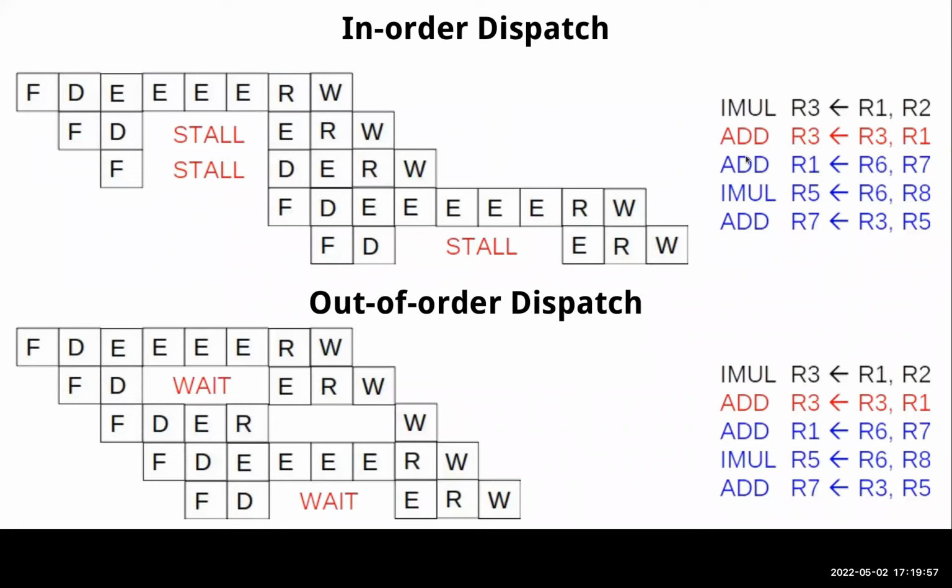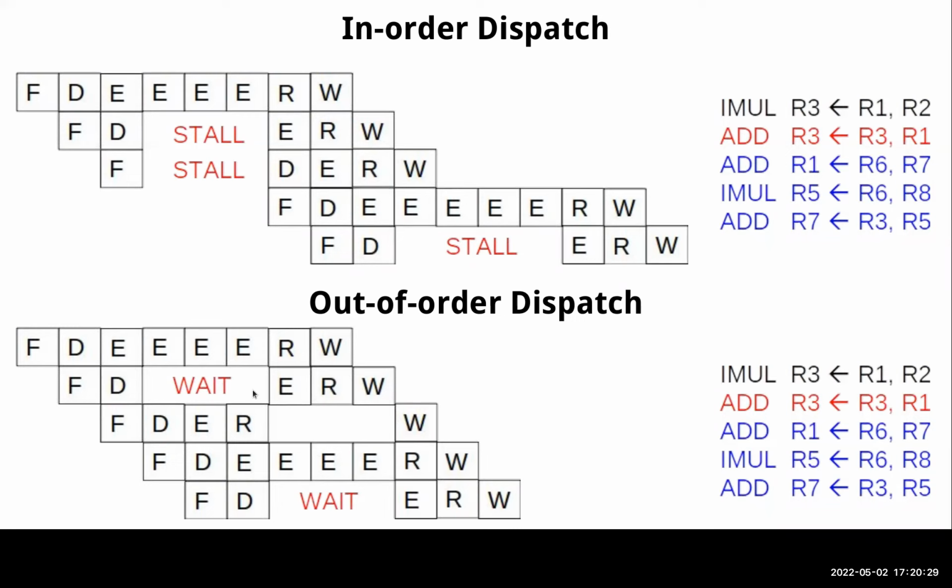But we already know that the last 3 instructions have nothing to do with the first 2 instructions. So to speed things up, using the out-of-order feature, the first instruction executes and takes 4 cycles. It's not wasting any CPU cycle. Then the second instruction does F and D, and it has to wait for the result of the first instruction.